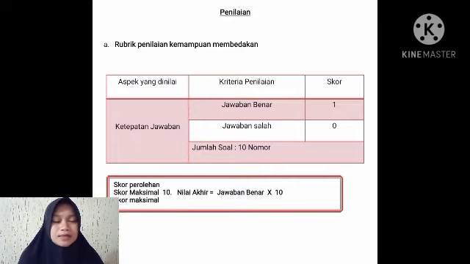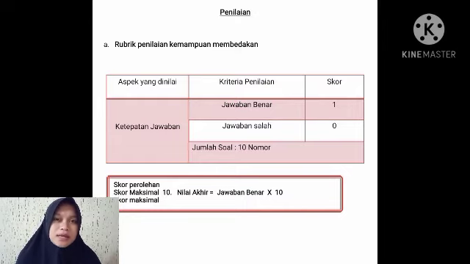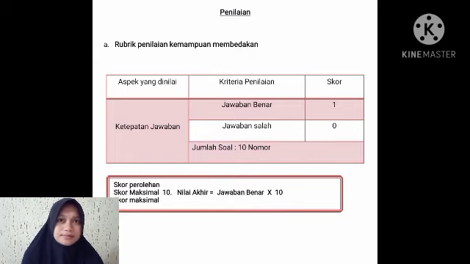If you can see in this picture, when the students have a correct answer, the score is 1, and when they are false, the score is 0. So their score is based on their correct answers, like that.